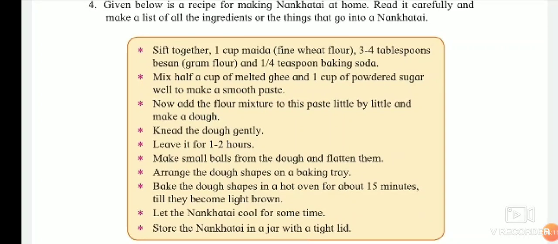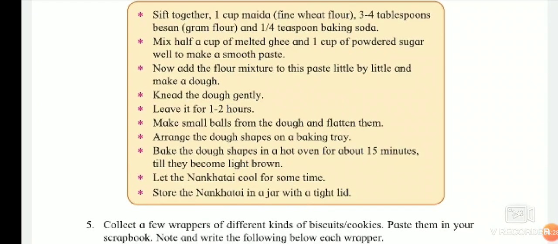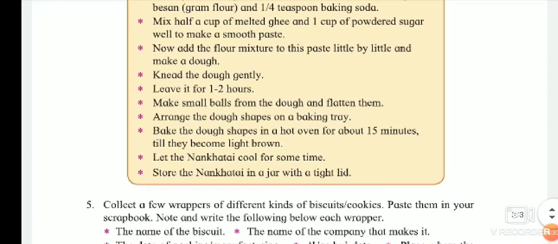Next step, arrange the dough shapes on a baking tray. Next step, bake the dough shapes in a hot oven for about 15 minutes till they become light brown. Next step, let the naan khatai cool for some time. And the last step, store the naan khatai in a jar with a tight lid.